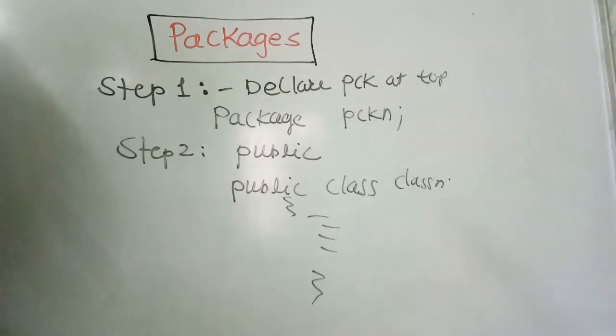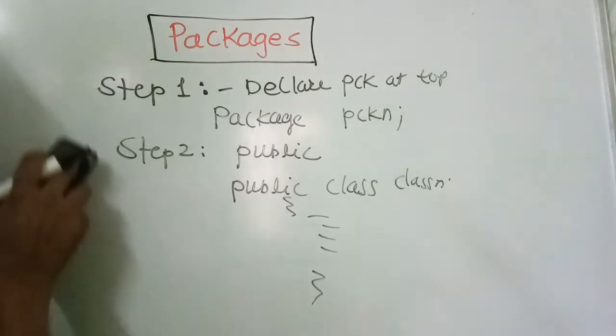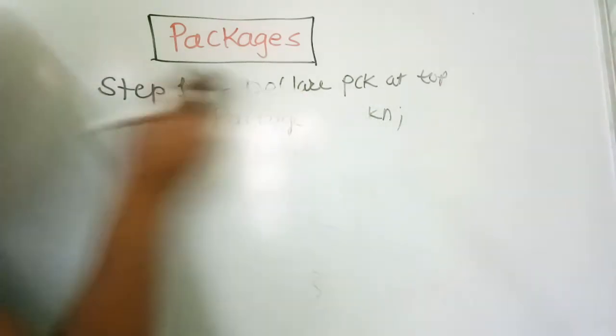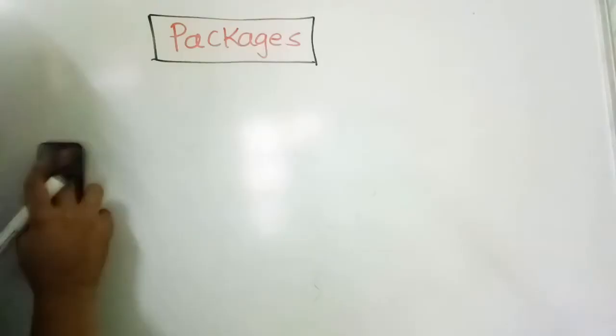Coming to the next step, you have to create a subdirectory under the directory where the main source files are stored. You create two separate directories, one within the other. What is the next step?